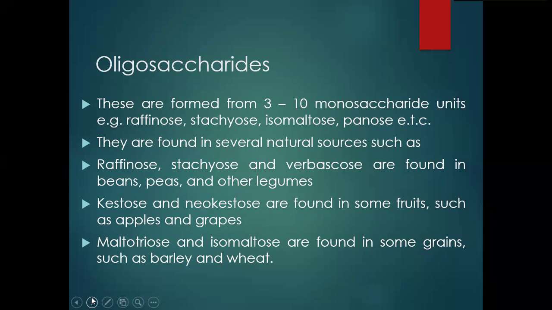Raffinose is found in beans, peas, and other legumes. Kestose and neokestose are found in some fruits such as apples and grapes. Maltodextrose and isomaltose are found in some grains such as barley and wheat.